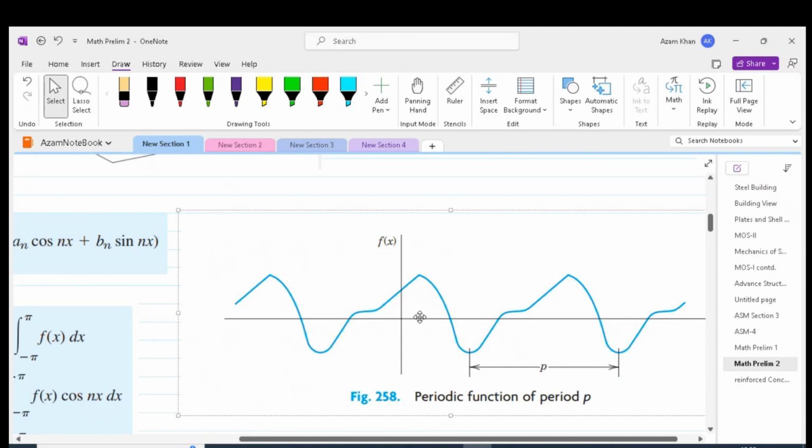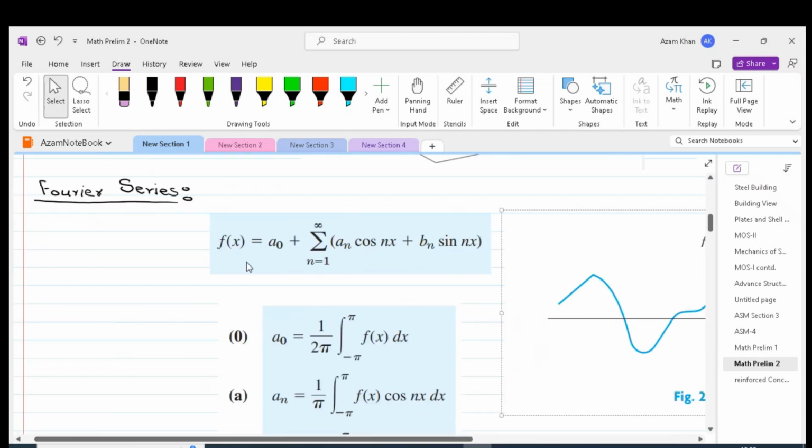As we can see in this figure, we have this function which is repeated after equal intervals. So this type of function can be very easily represented by Fourier series. In structure mechanics, we have loads, stresses, strains, etc., which can easily be expressed as a Fourier series.